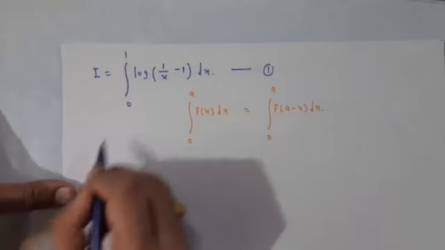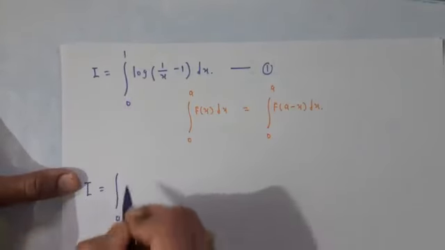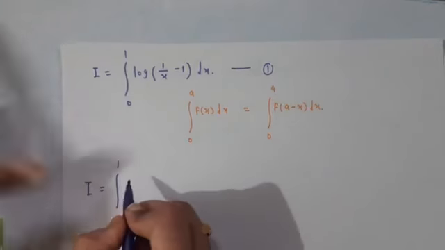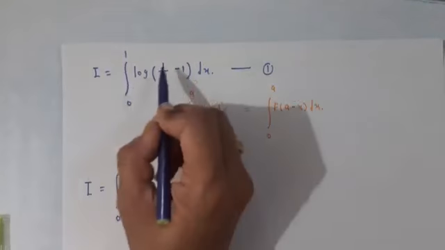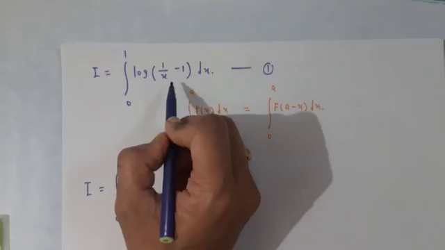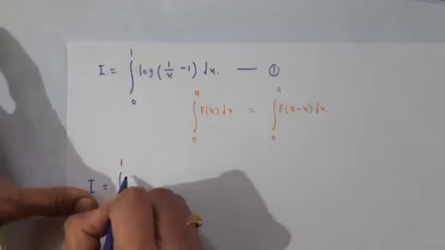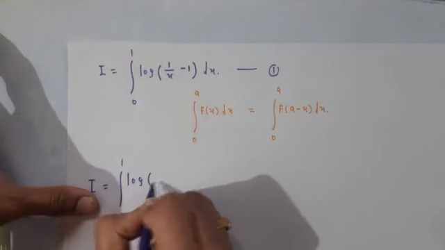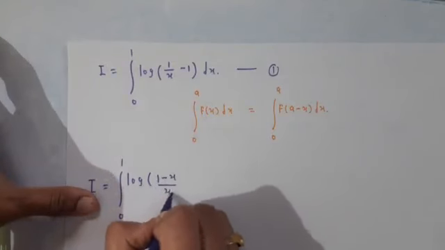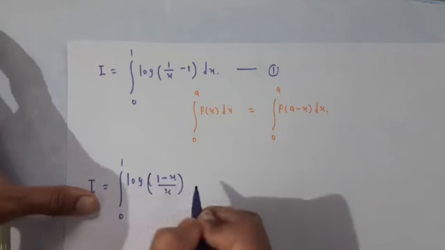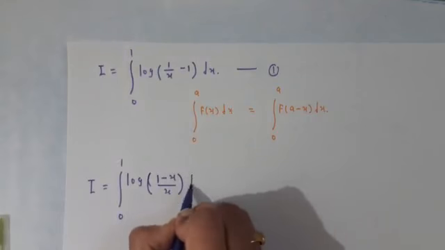Okay, so let us apply the property here and we will get I equal to 0 to 1 log of 1 upon x minus 1. First we simplify this, and this will be log of 1 minus x upon x with respect to x.